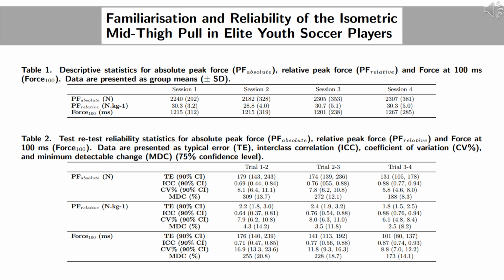So I think we can say with confidence, not just from this study, but from lots of studies using the isometric mid-thigh pull, that measures of peak force are definitely reliable and usable, as are relative peak force values if you wanted to compare across different age groups or genders.